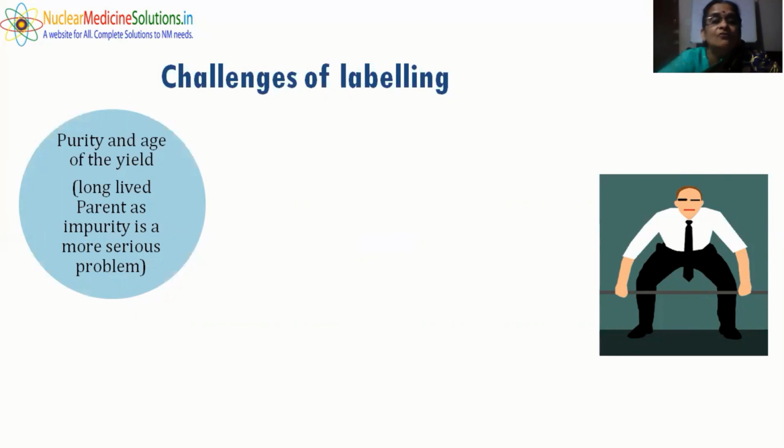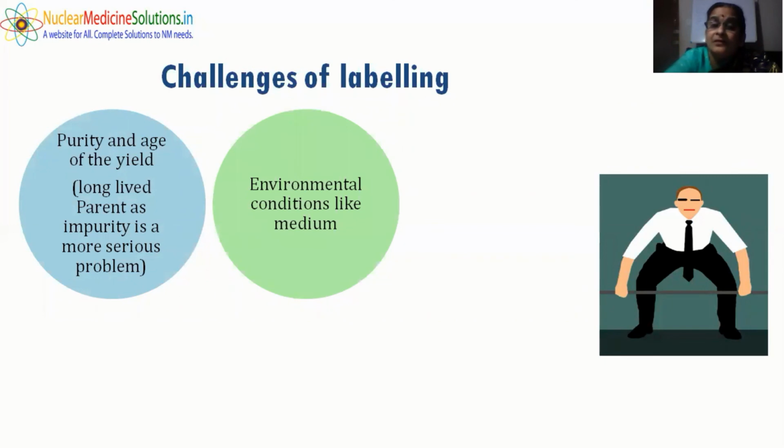So we have to think about this. It should be considered a point to be really looked into, and the quality has to be assessed before you settle on a standardized method. So you have to keep checking the yield. What is the parent impurity at the initial stages?